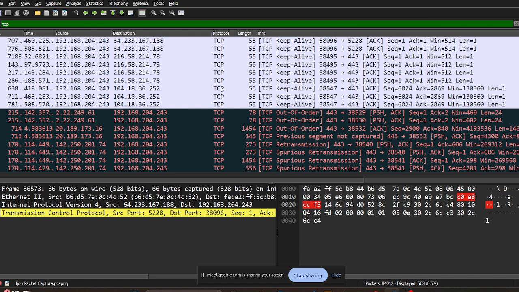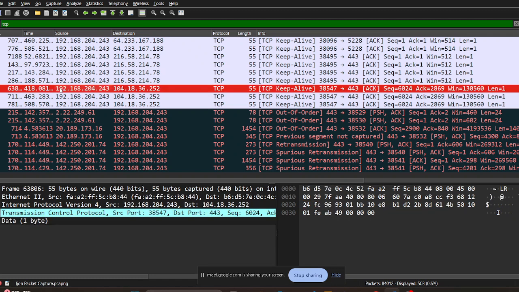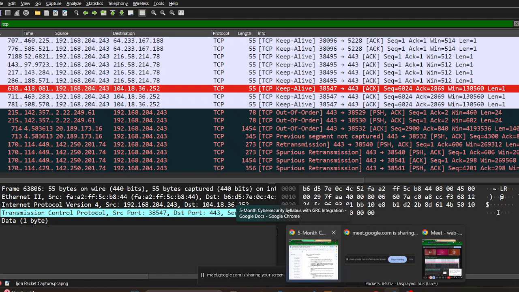So an example of an IP address that we are talking about is this one: 192.168.204.243. And then I explained how you can get your own IP address on your computer by using the ipconfig command in your command prompt. So on your Windows, if you open your command prompt and do ipconfig, you see your IP address there.